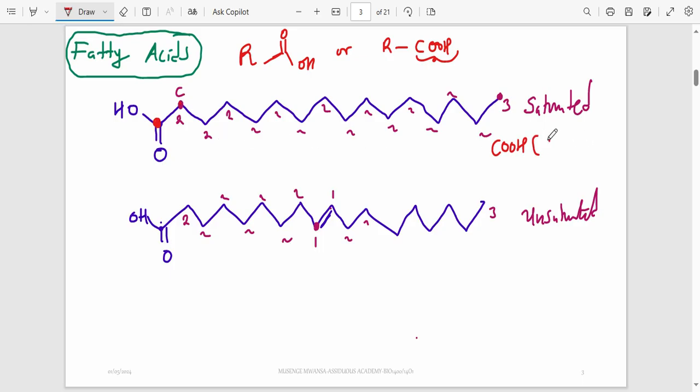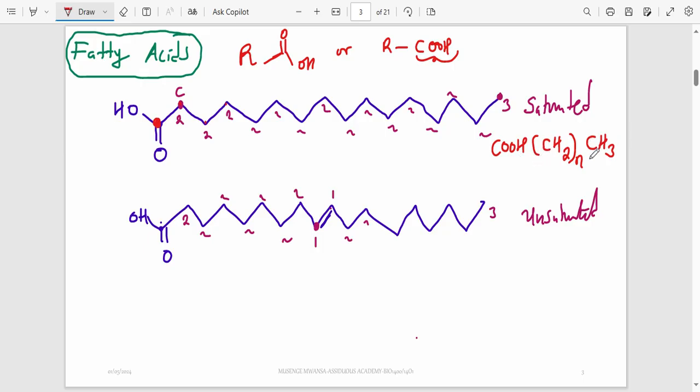You can see to continue another carbon with two hydrogens, another with two hydrogens, another. It will continue like that. So I can just put N here. And then at the end, the last carbon has got three hydrogens. So this formula is the general formula for all saturated fatty acids.